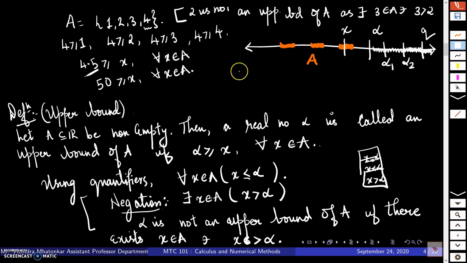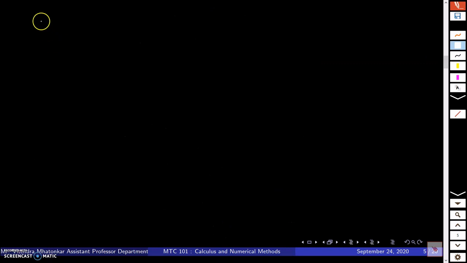So this is when you say that alpha is not an upper bound of A. I hope it's clear geometrically. If I want to say that alpha is not an upper bound of A, what do I mean? Again I will draw a number line, and I will mark some points of A in red.